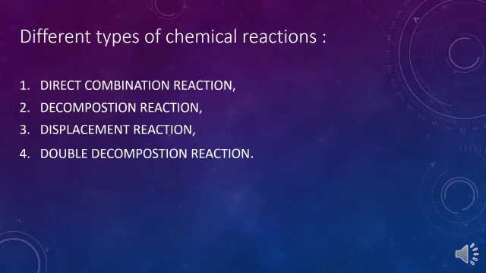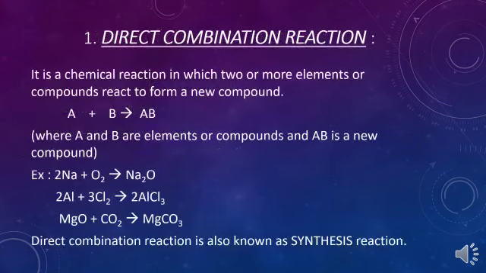Now let us learn different types of chemical reactions. They are direct combination reaction, decomposition reaction, displacement reaction, and double decomposition reaction. Now let us know what is a direct combination reaction.